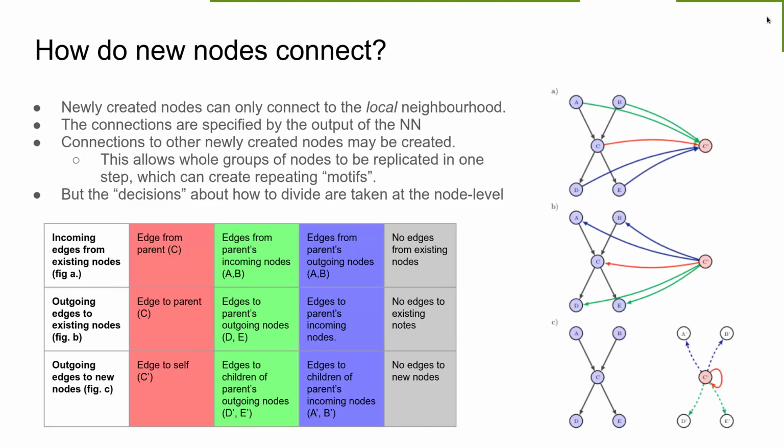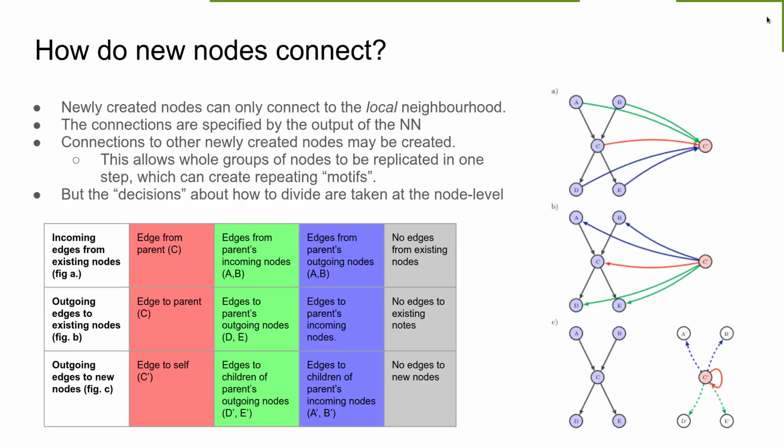So just briefly, this is explained in excruciating detail in the paper, but just to briefly introduce it, the set of allowable edges. If your original network is the 5 blue nodes and node C in the middle is dividing, it can have edges from its parent node C and from its parent's neighbors.